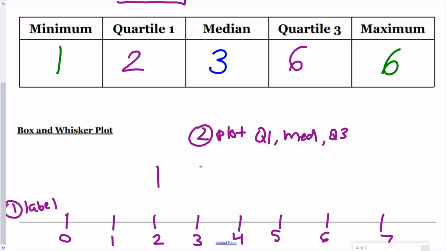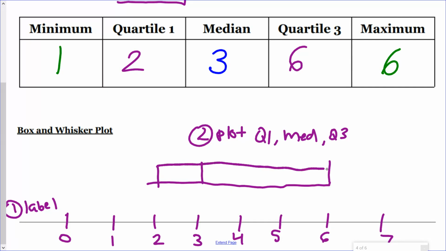My median was at 3. And my quartile 3 was at 6. I'm then going to connect them to make a box or a rectangle. And then lastly, I'm going to include the maximum and the minimum.